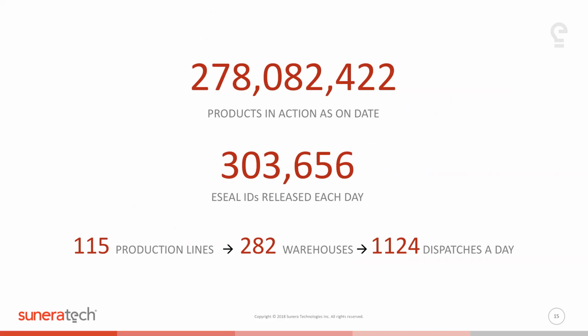We have embedded our hardware and the solution in over 115 production lines and 282 warehouses, and these 282 warehouses combined handle more than 1,100 dispatches a day. When I say a dispatch, it's a truck full of load, completely digital supply chain enabled, completely eSeal enabled.